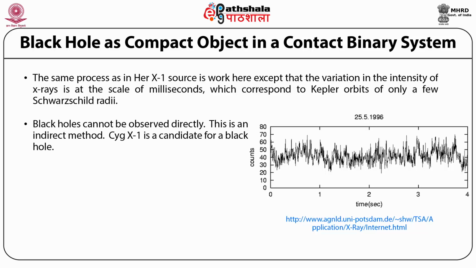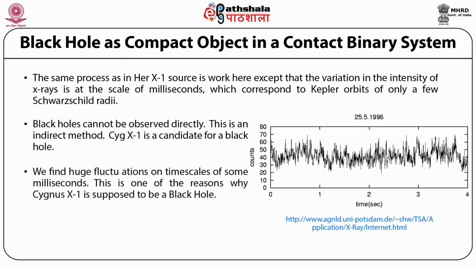This is an indirect method. Cygnus X-1 is a candidate for a black hole. The figure presented here shows that we find huge fluctuations on timescales of some milliseconds. This is one of the reasons why Cygnus X-1 is supposed to be a black hole. Timescales of milliseconds correspond to Kepler orbits of only a couple of Schwarzschild radii.